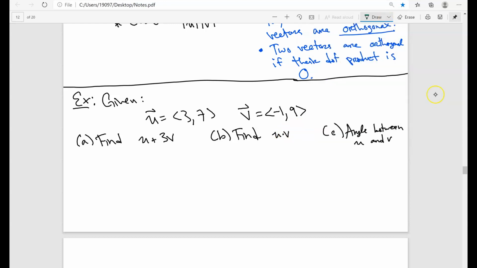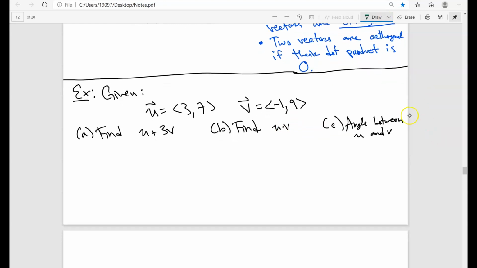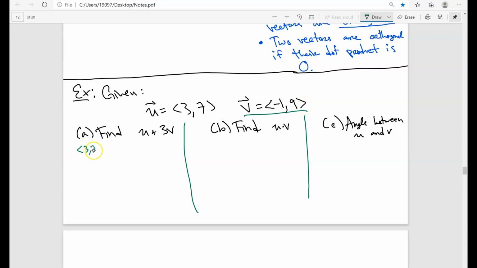The first thing we want to do is find the sum of the two vectors, where we multiply the vector v by 3. So you take u, which is 3, 7, and add 3 times v, which is negative 1, 9. You get 3, 7 plus negative 3 and then 27.